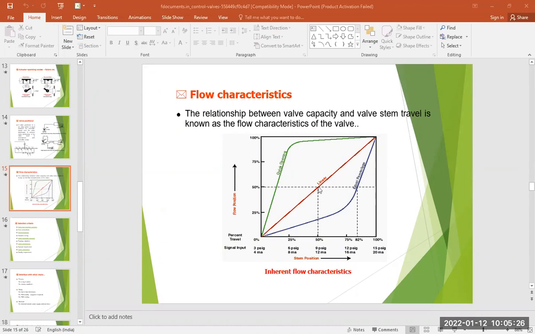Here you can see the linear motion, center point is 50%, and the equal percentage is a little bit, 82%, at the same position. So these are the relationships of the control valve, stem position according to flow position.